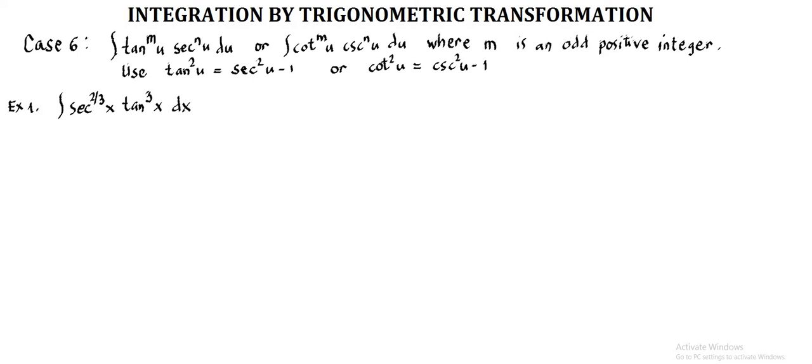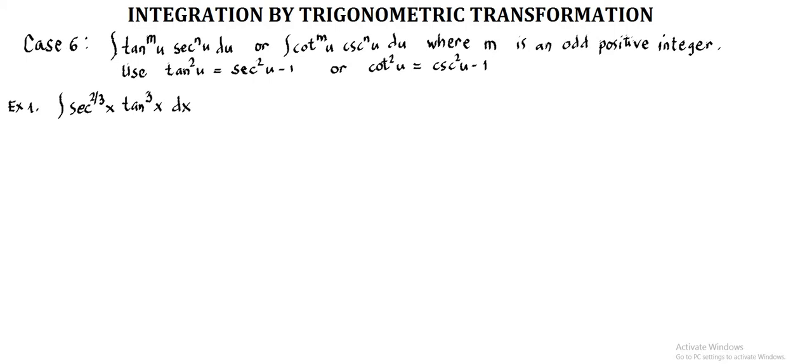Case 6 na tayo sa ating integration by trigonometric transformation. At ang case 6 ay integral of tangent raised to m of u secant raised to n of u du, or integral of cotangent raised to m of u cosecant raised to n of u du, where m here is an odd positive integer.